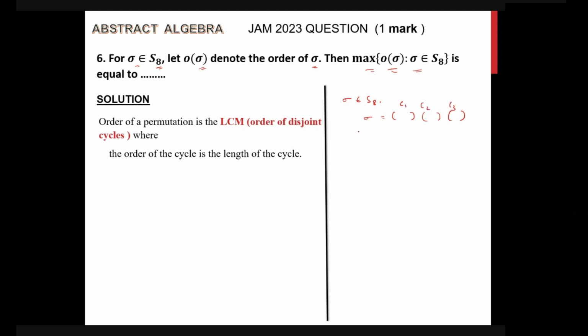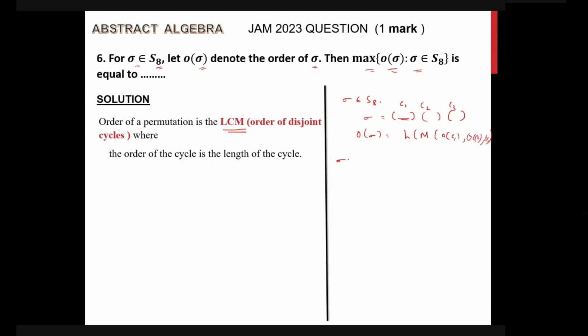Then the order of sigma is the LCM of the orders of cycle 1, cycle 2, and cycle 3. Now, what is the order of a cycle? The order of a cycle is the length of the cycle.